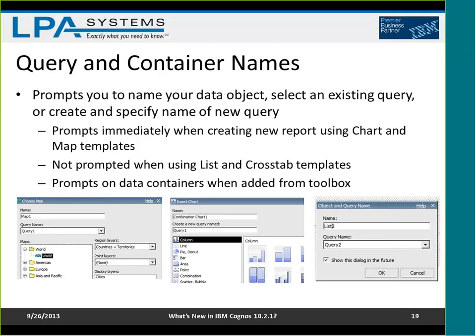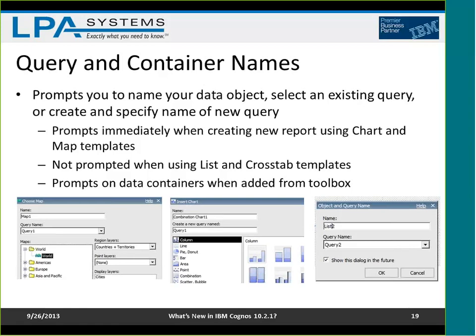It will also let me change which query they're using right from here, and it'll let me rename the queries if I'm creating a new query, which is great. When I create a brand new list or crosstab, I don't get this prompt, so I still have to remember to name the object. When I create a new chart or map, it prompts me for the name right when I create the report.